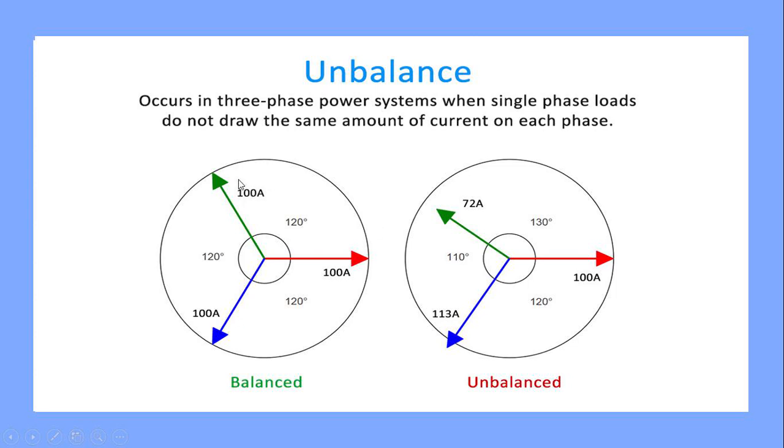As for magnitude, it is 100 ampere, 100 ampere, 100 ampere if your system is balanced, but here you see the current magnitude is not equal, so this is unbalanced. This unbalanced load creates harmonics in your system.